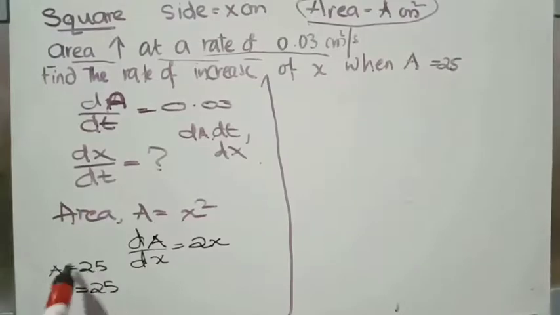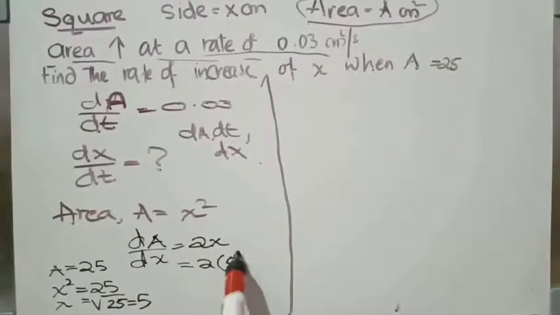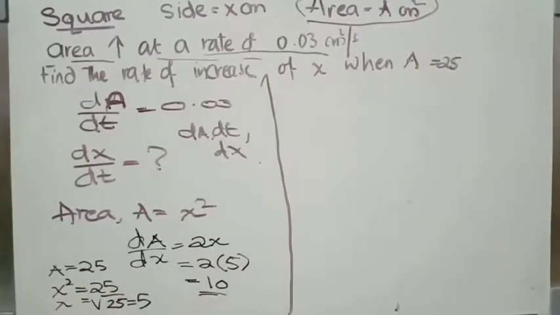Area is 25, that means side squared is 25, or we can say side is square root of 25, which is equal to 5. So x is 5. So here it becomes 2 times 5, which is equal to 10. So we get dA by dx as 10.